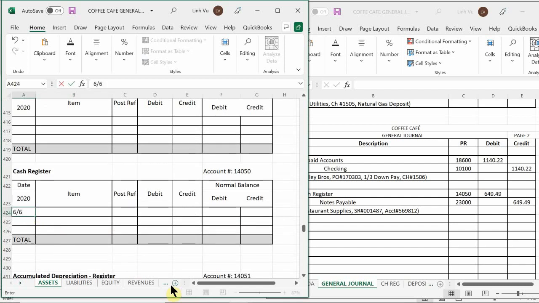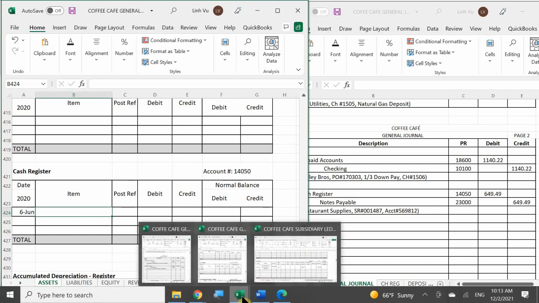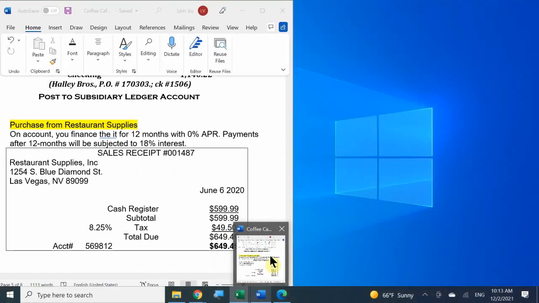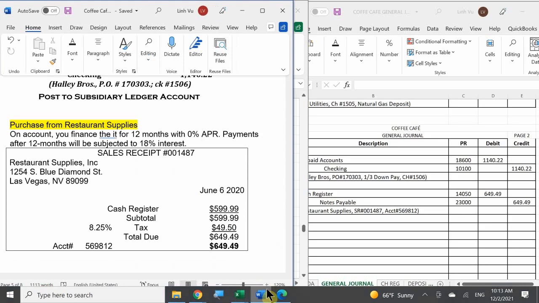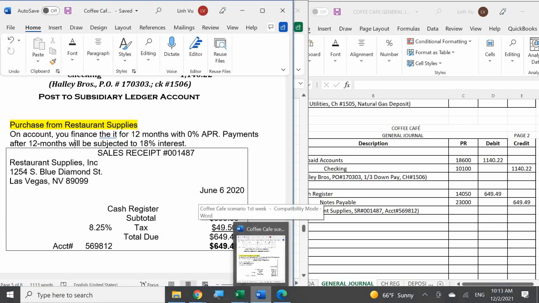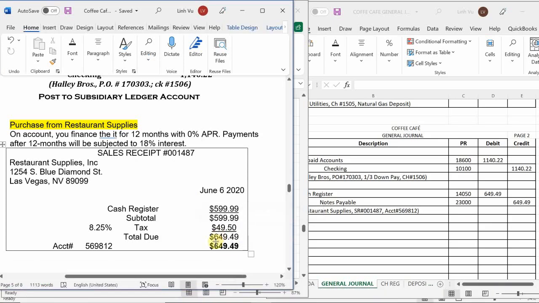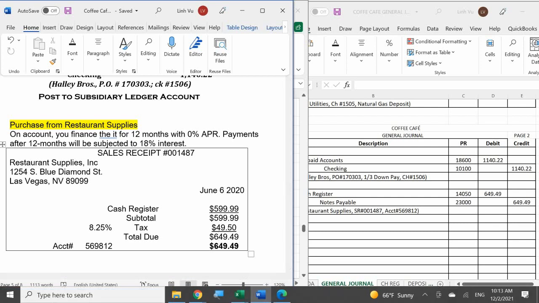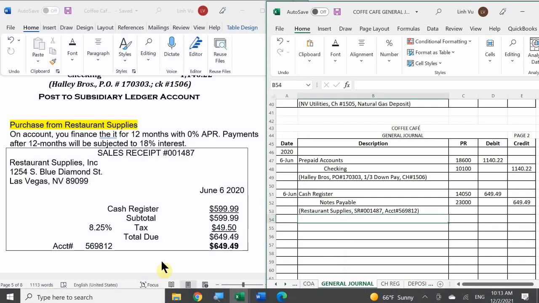We're still on the 6. Okay. In this case, what details are you going to put in here? Well, you can say whatever the details here are. So $599.99 plus $49.50 of tax to get you your total amount there. Okay.